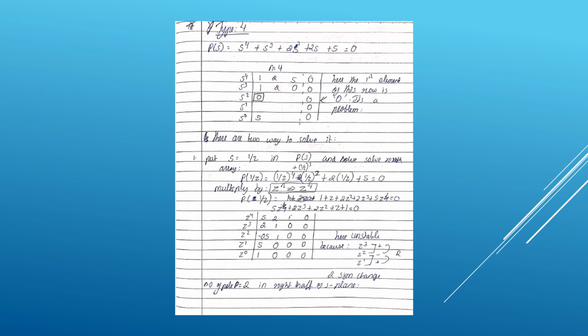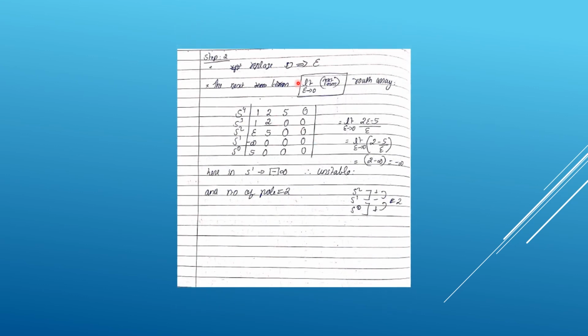Okay, and the second type of problem is to replace the element 0 by sigma, and the next element we find using the standard form, 2 minus 5 by sigma, and we take the limit of sigma tending to 0.